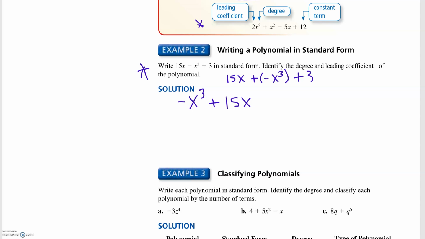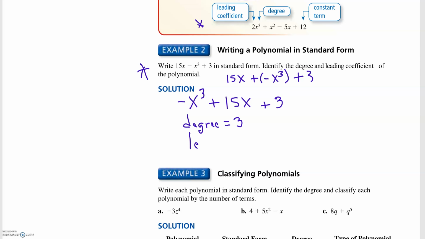Subtracting is the same as adding the opposite. So when we switch the order, we have negative x to the third plus 15x plus 3. We can change the order that we add terms together. The degree of this polynomial is 3. That's going to be our largest exponent.